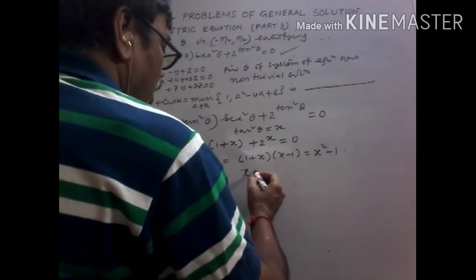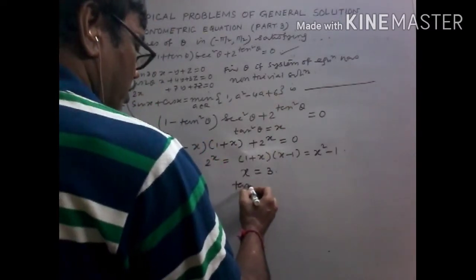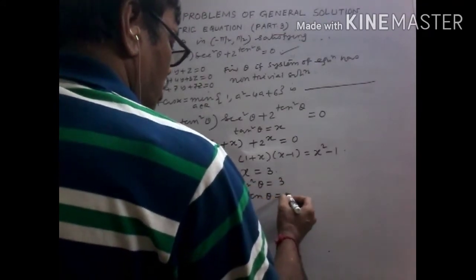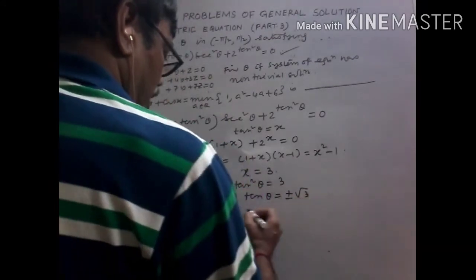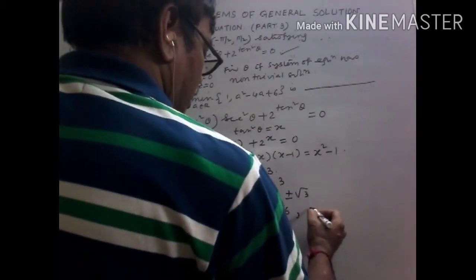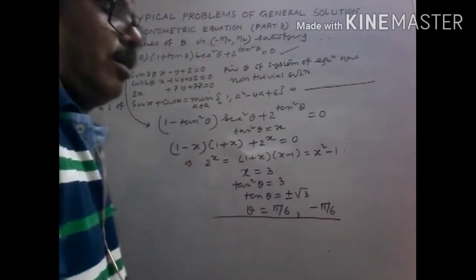So it is satisfied by x equals 3. Now what is x? tan square theta equals 3, so tan theta equals plus minus root 3. So theta, taking positive, is pi by 6, taking negative, is minus pi by 6.